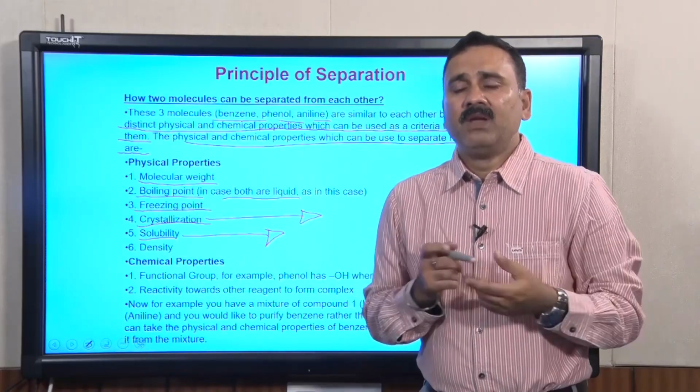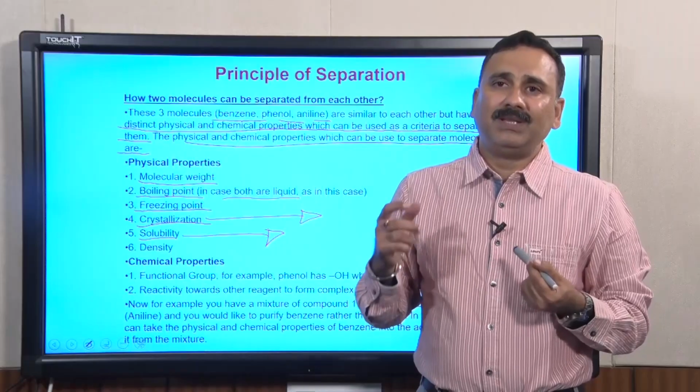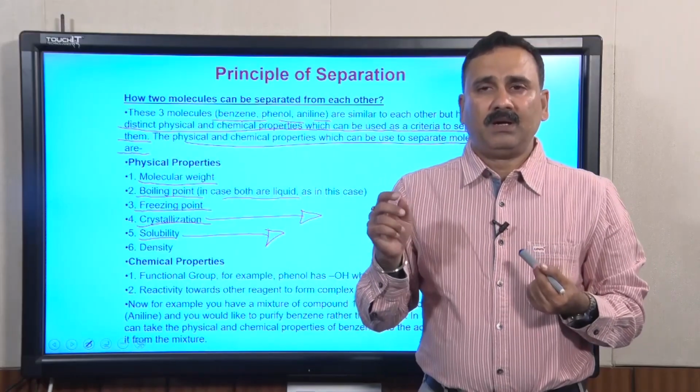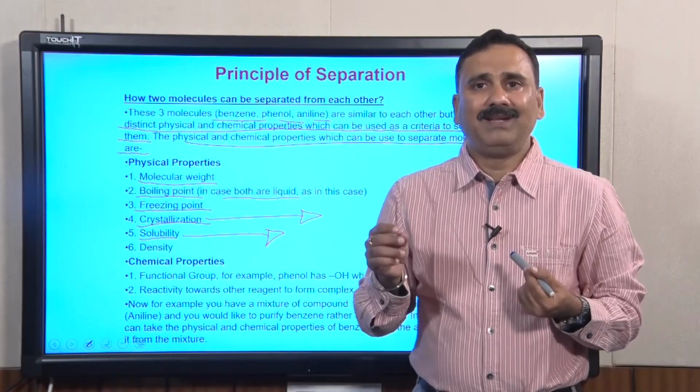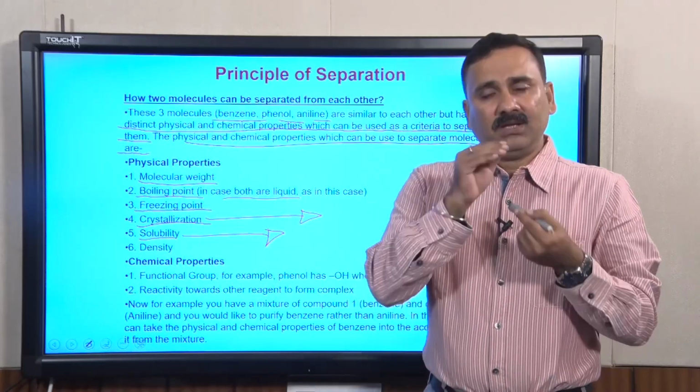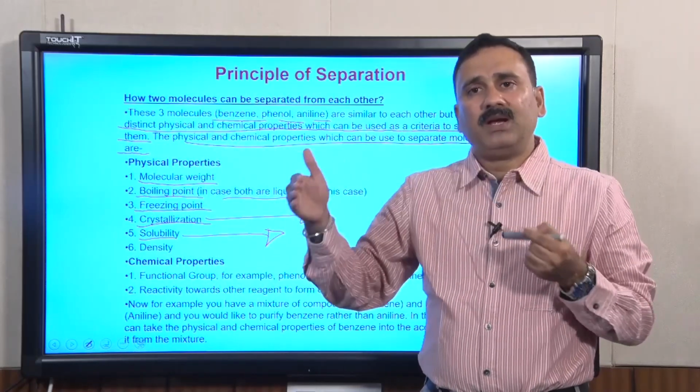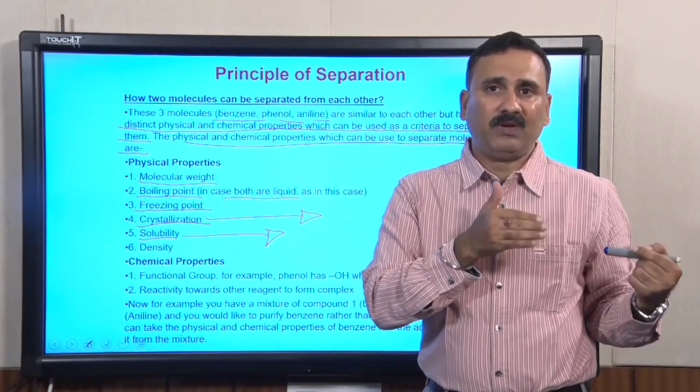If you remember, when we were doing the plasmid isolation, we were doing the phenol chloroform treatment, and in that treatment you were getting two layers: one was the aqueous layer, and the other was the phenol layer.